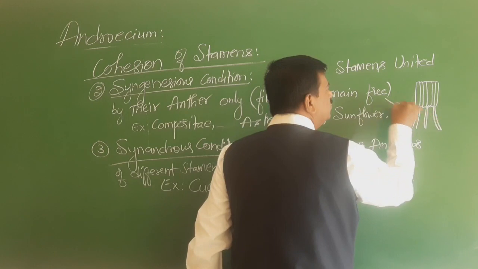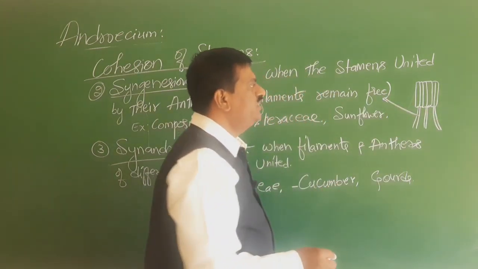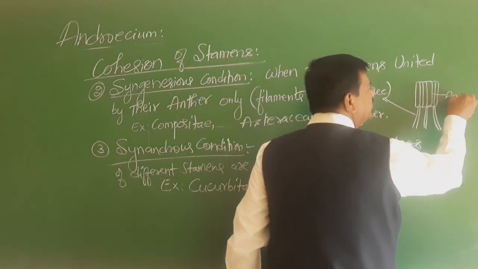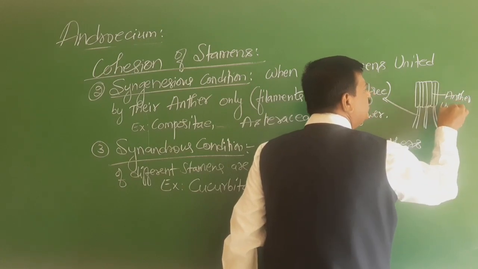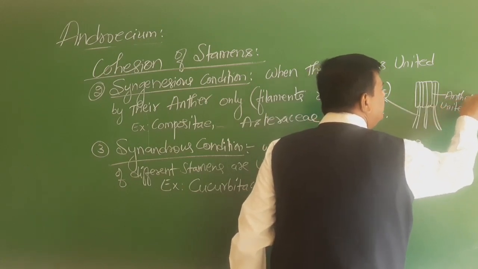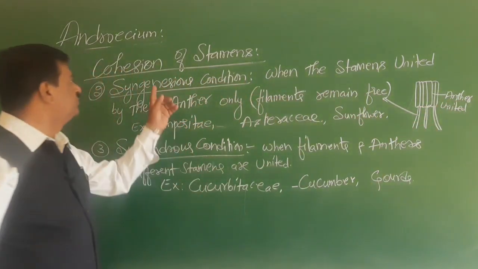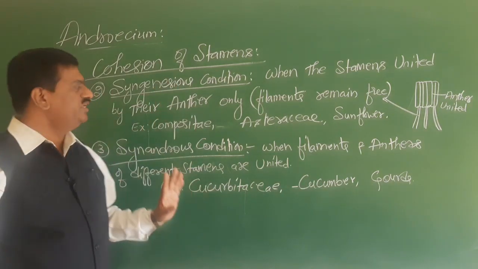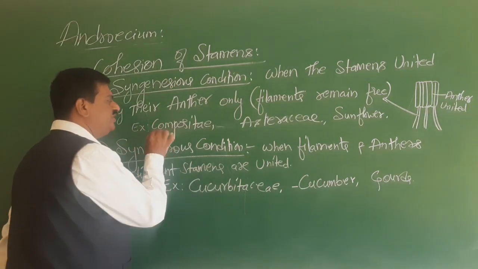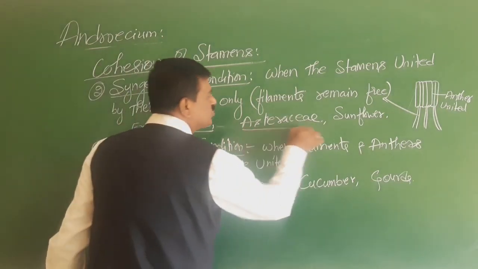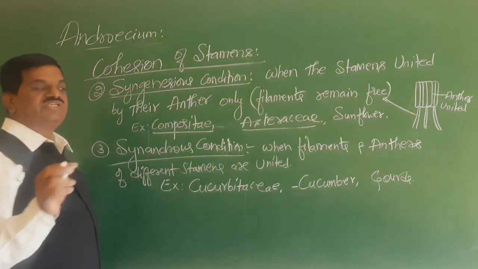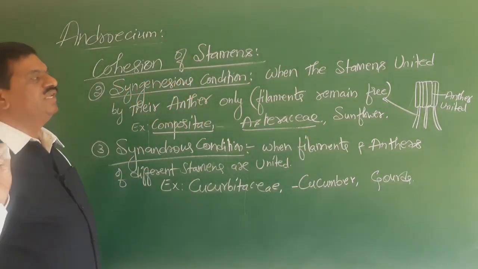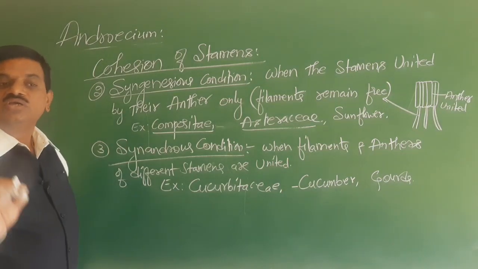Anthers united, filaments free. This condition is called syngenesious condition. This can be noticed in Compositae, or it is called Asteraceae. So in the sunflower you can see the anthers are united and filaments are free.